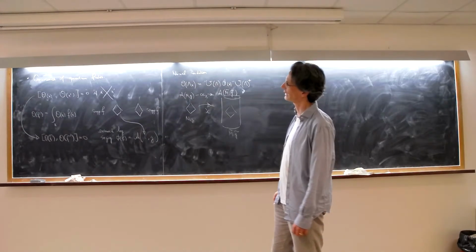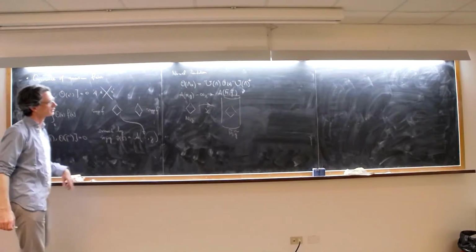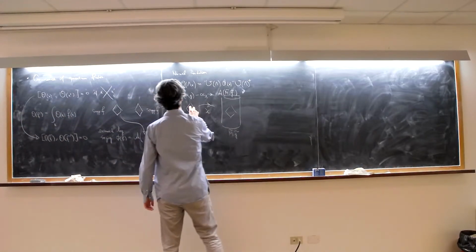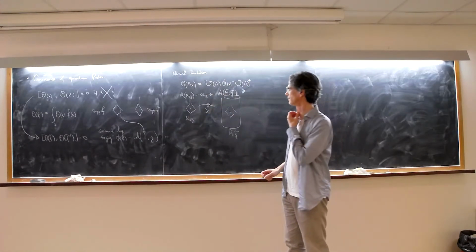I would also like to say more precisely that if I take a quantum field localized at this point and I push it forward, I get precisely a quantum field there.